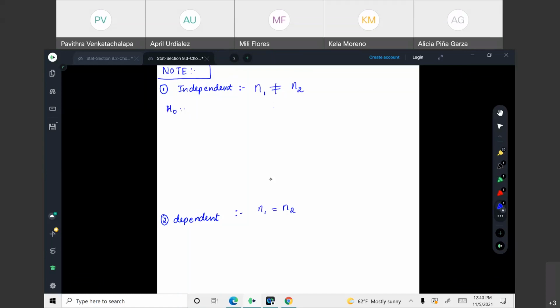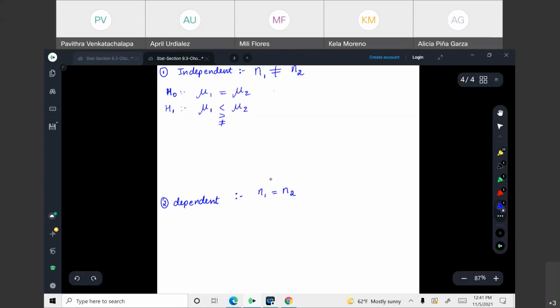So when it comes to independent, if you are working with mean, mu1 will always be equal to mu2. This is for any problem. Next is H1. Your H1 will have three symbols: less than, greater than, or not equal to. Again, this depends on the problem. You will have a claim given. If the claim says greater than, you just write greater than. Now that we are clear till here, this is the first step.